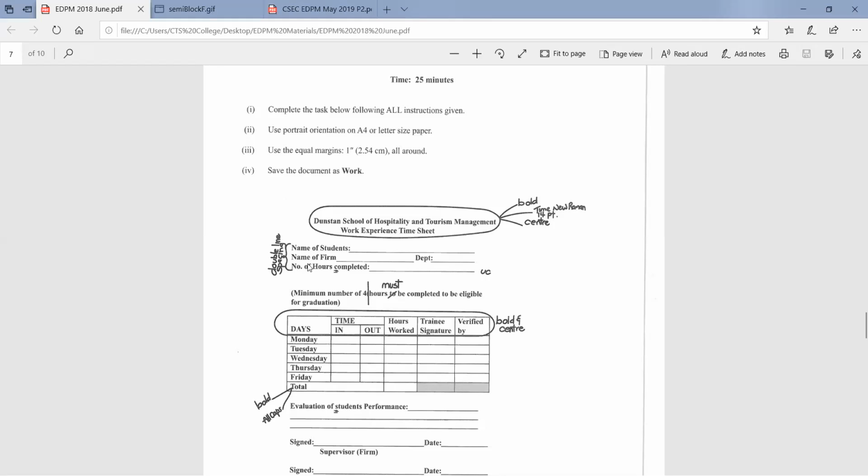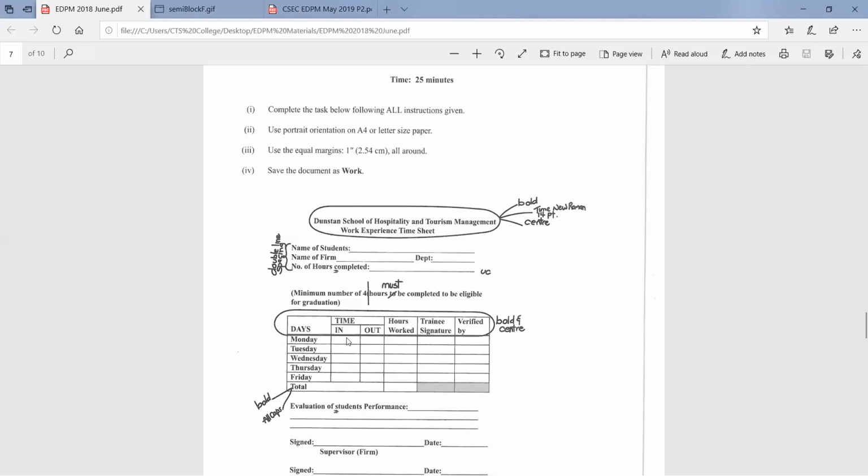When you highlight these 3 lines, you come here to your line spacing icon, and you choose 2.0, and that is how you get double line spacing. Moving on with the question. Minimum number of 4 hours, guys, make sure there's a space between the 4 and hours, must be completed to be eligible for graduation.